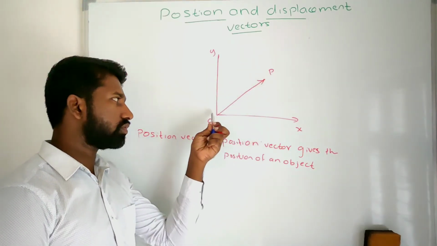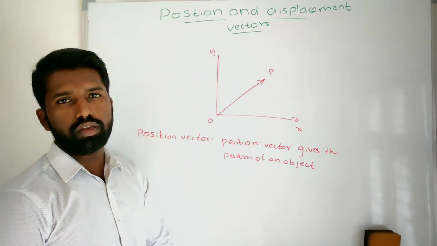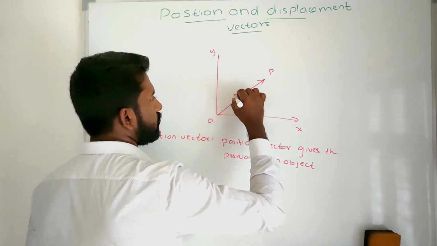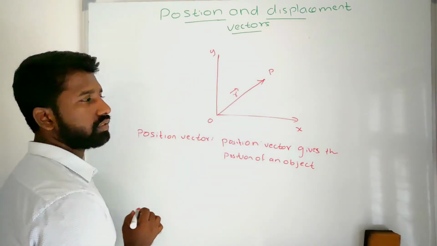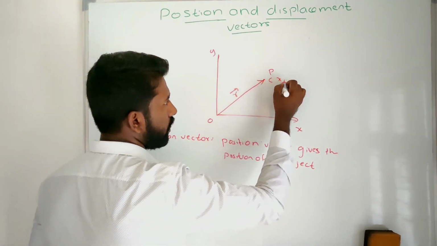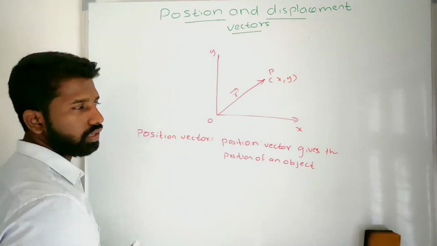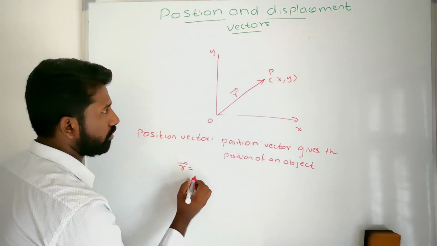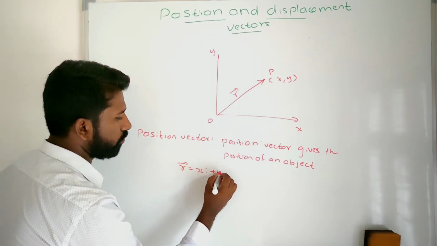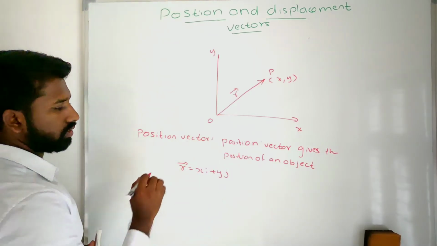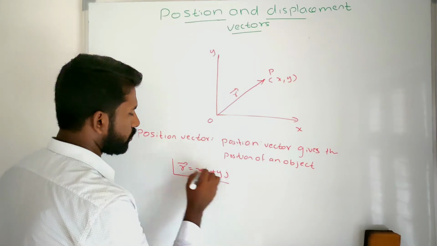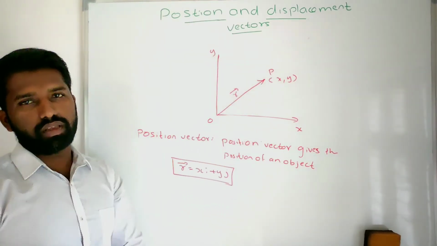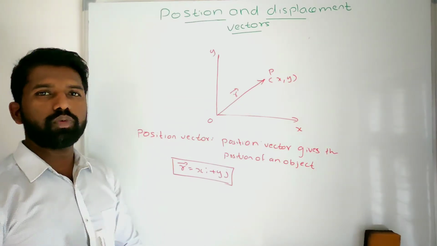Clear? If I consider this position vector as R and this point as (x, y), then I can say that the R vector is equal to xi plus yj. This is the position vector of the point P.